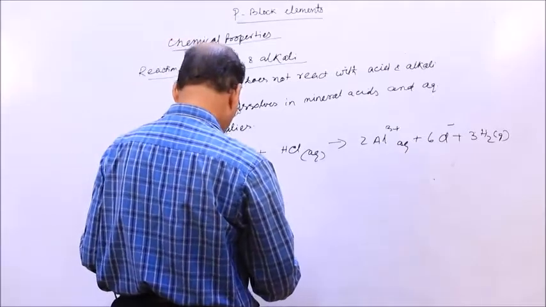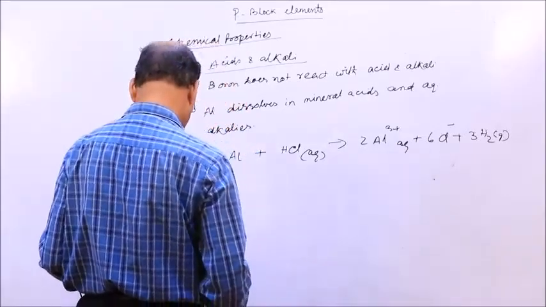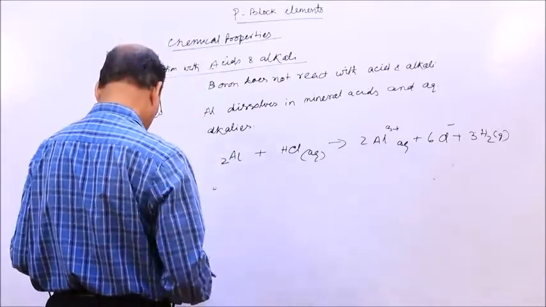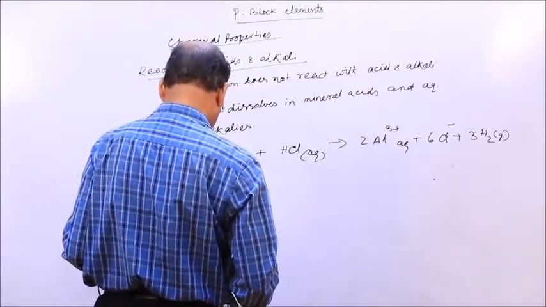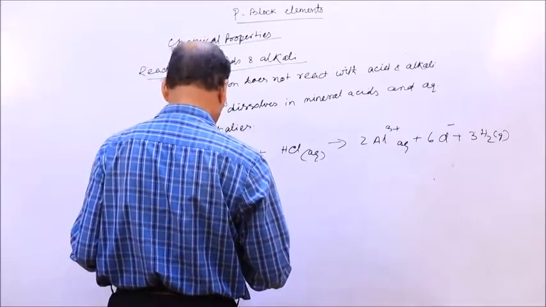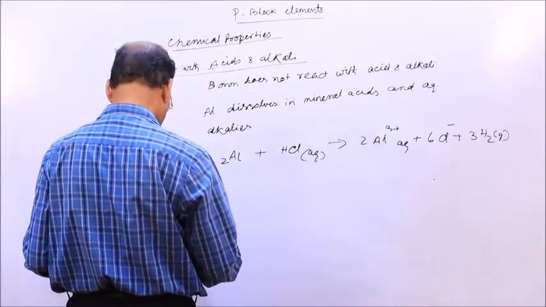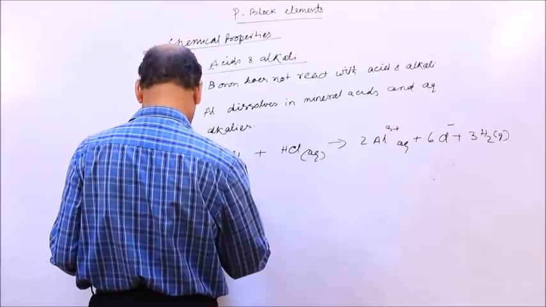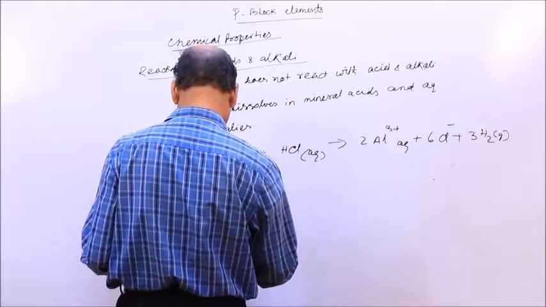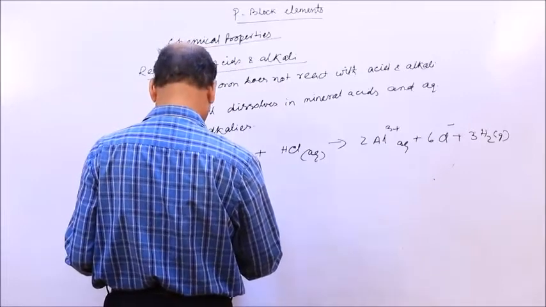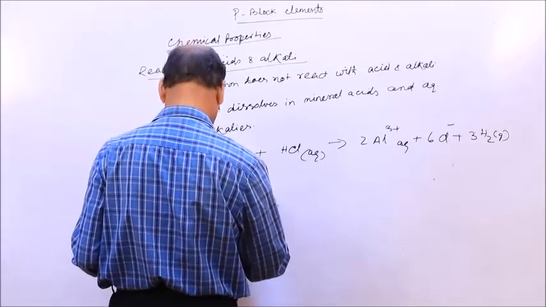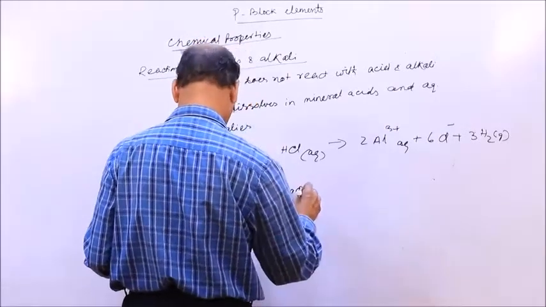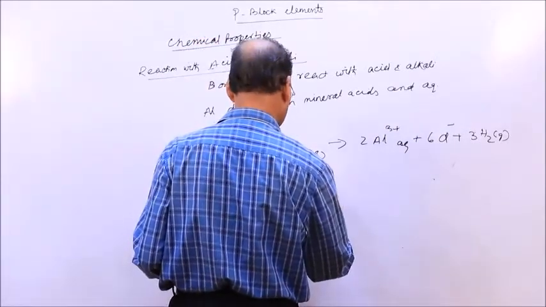However, concentrated nitric acid makes aluminum passive. Similarly, aluminum reacts with alkalis and also liberates dihydrogen in aqueous medium.